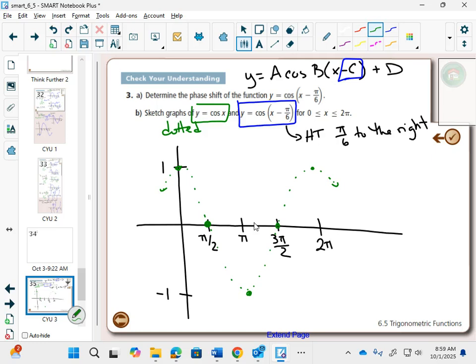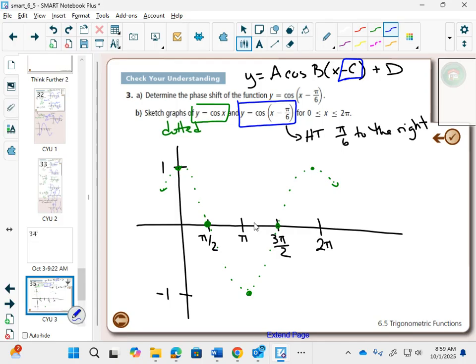We know we want to go pi over 6 to the right. We've got this labeled. We need to find out where pi over 6 is on this. You can use your unit circle to help you, right? Where's pi over 6 on your unit circle? Right here, quadrant 1. Here's pi over 2.